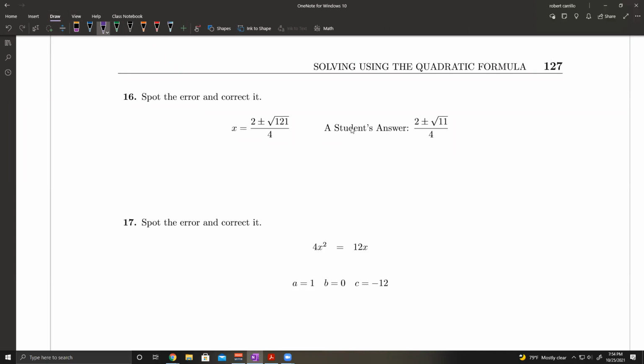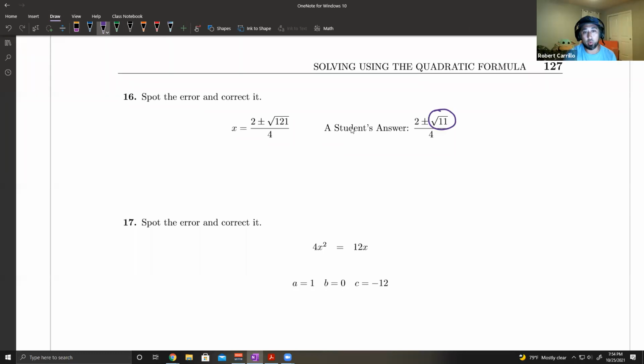It's 11. So what's wrong with this student's answer? He left the square root on. So square root of 121 is 11, not the square root of 11. That's it. That was simple.